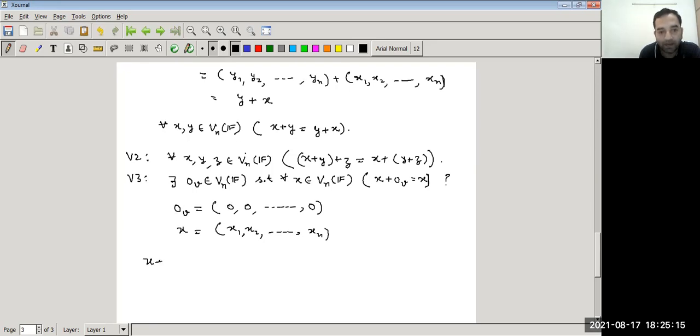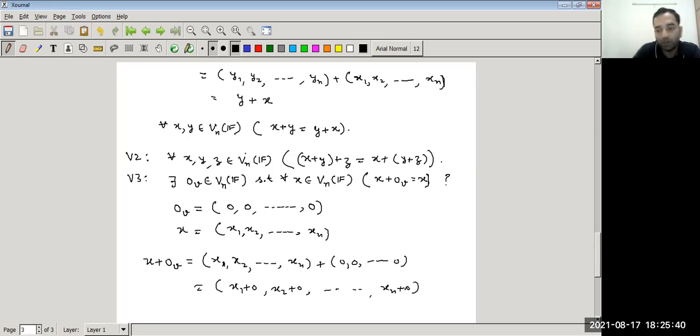Now when we add x plus 0_V, you can see that this becomes (x1, x2, ..., xn) plus (0, 0, ..., 0), and this is (x1 plus 0, x2 plus 0, ..., xn plus 0).